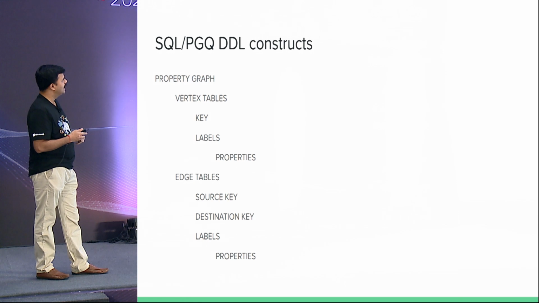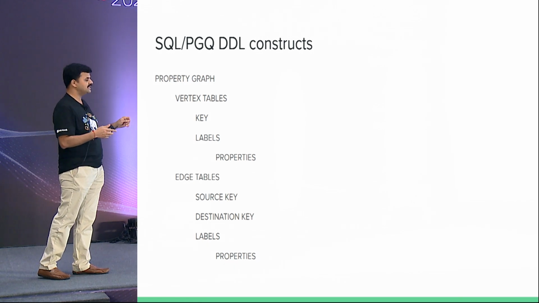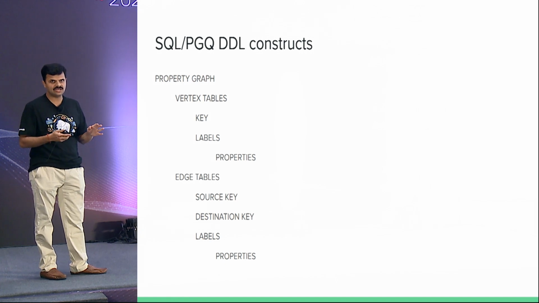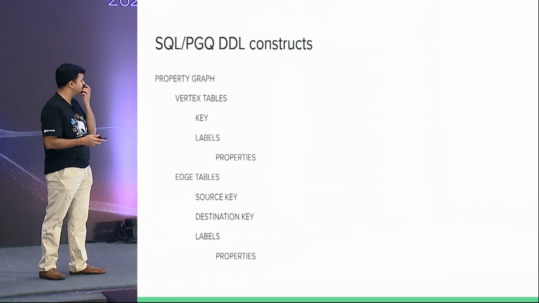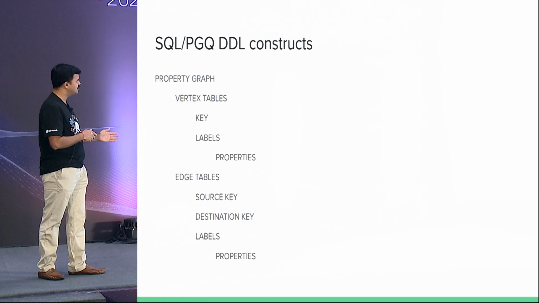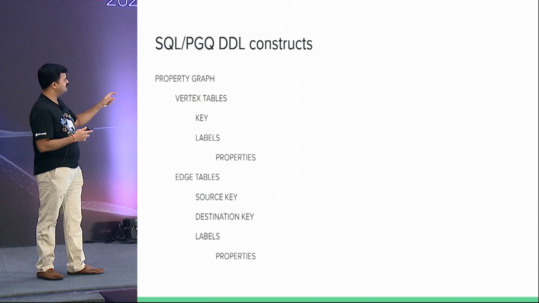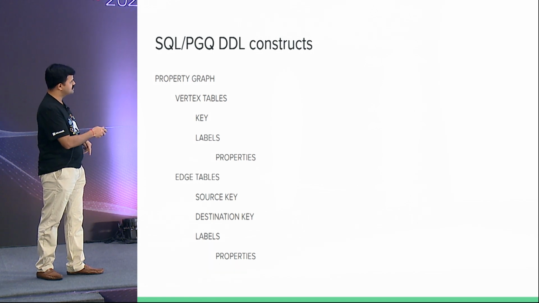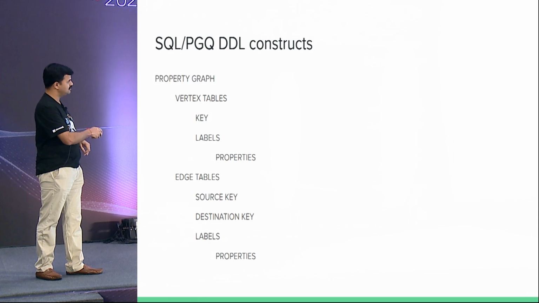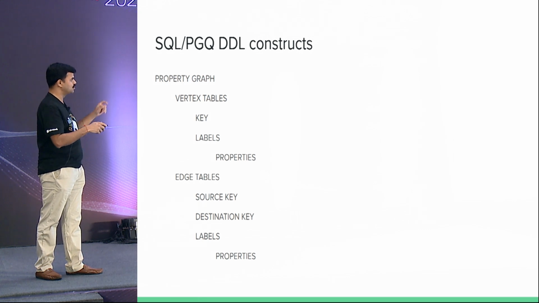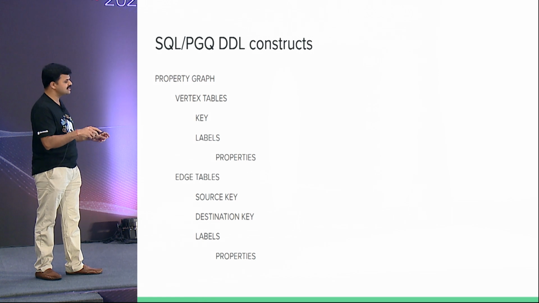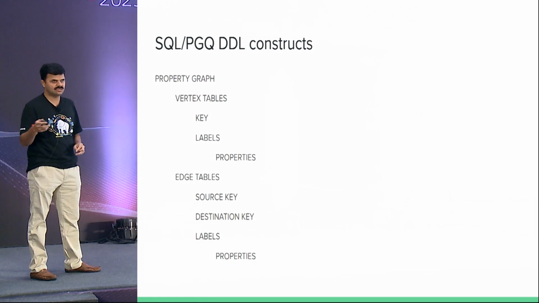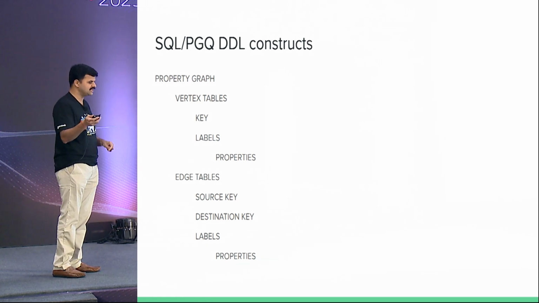So through this, we have a completely different view of the underlying relational data, and we'll see it as a picture. The second part is edge tables, which is basically the underlying relational tables that will be mapped to the edges in the graph. Each of these has a source key, which points to the source of that edge, and the destination key, which points to the destination node of the edge.